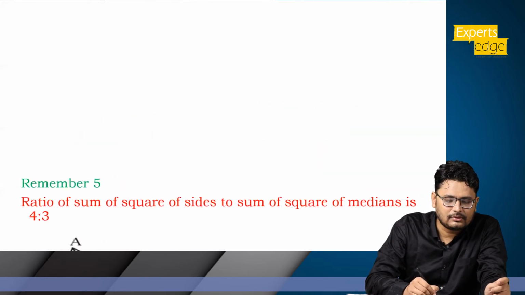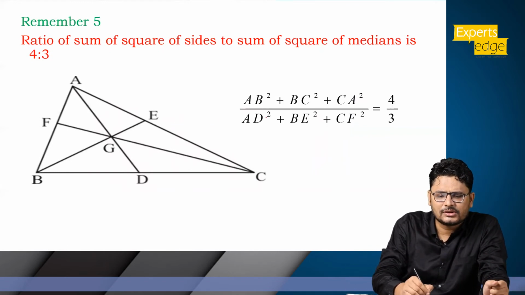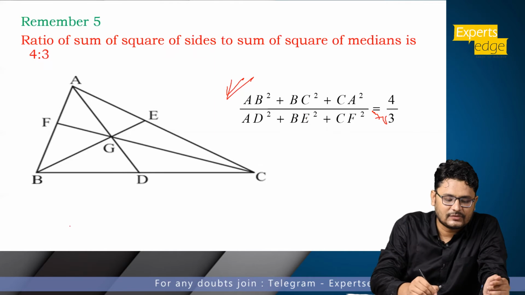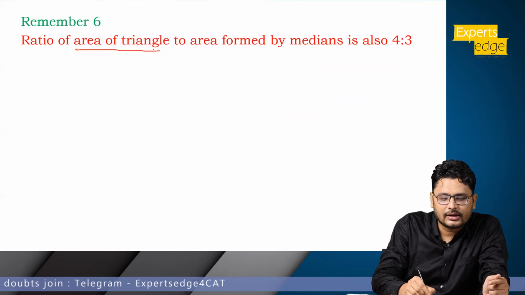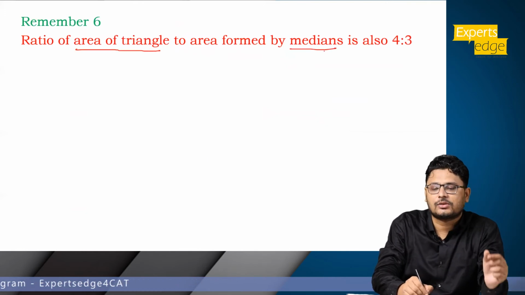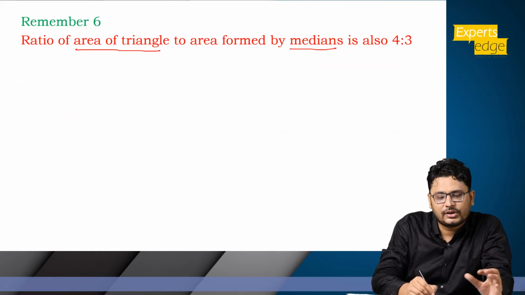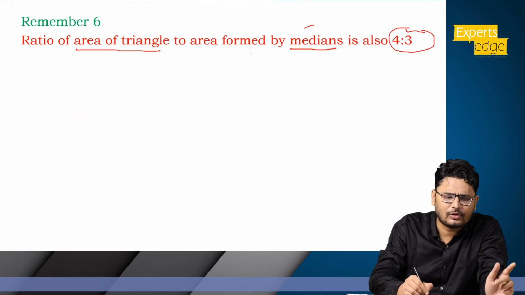A bit tougher one, but you need to remember it. It says the sum of the squares of the sides to the sum of the squares of the medians is always in the ratio 4:3. So the ratio of the squares of the sides and the medians is always 4:3. Also, the ratio of the area of the triangle to the area of the triangle formed by the medians: the medians also have some lengths, and if I construct a triangle with those lengths, the ratio of the area of the original triangle to that triangle is also 4:3. We will see the application of this, but just as of now please remember this thing.